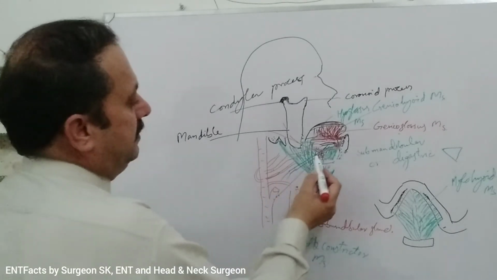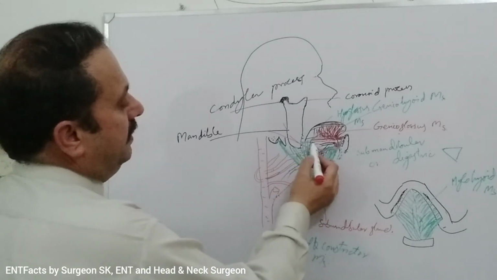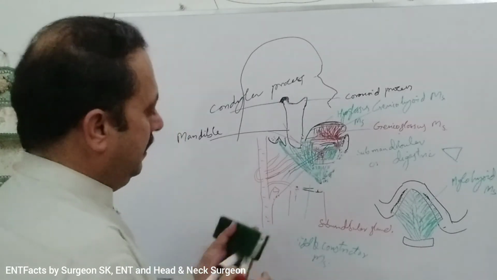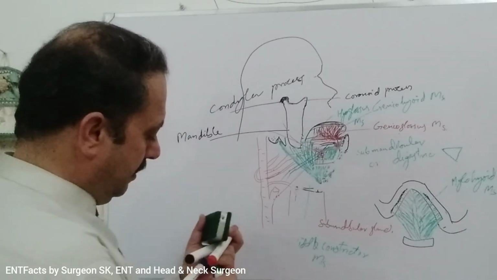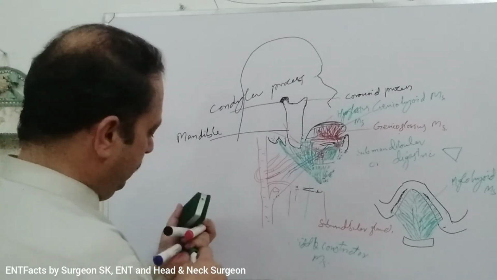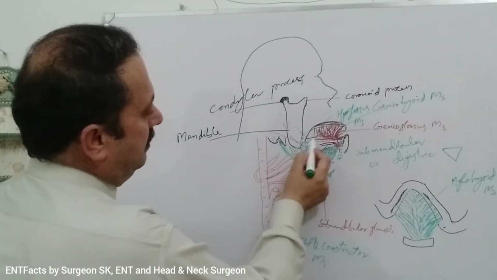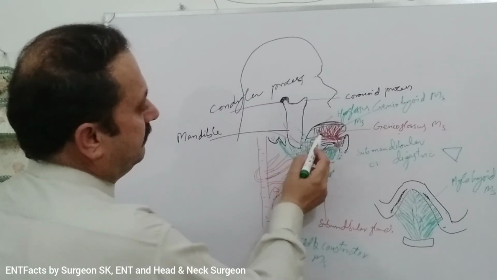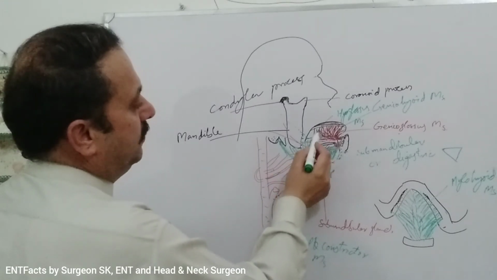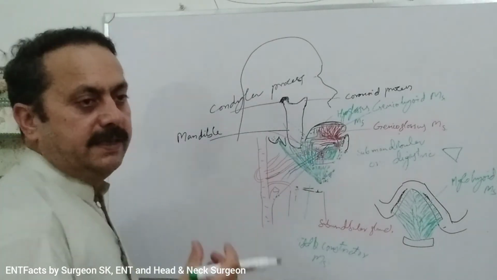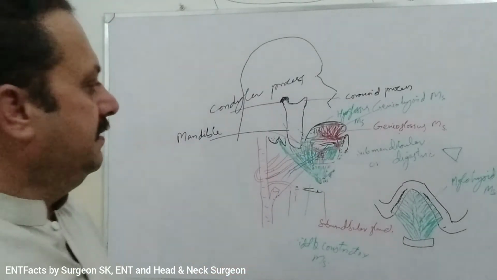Another part is the glossopharyngeal nerve. The glossopharyngeal nerve, the ninth cranial nerve, goes to the posterior part of the basal tongue for taste and gag reflex.